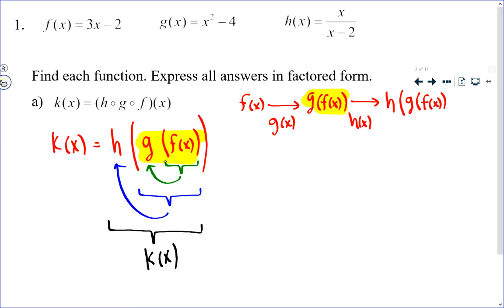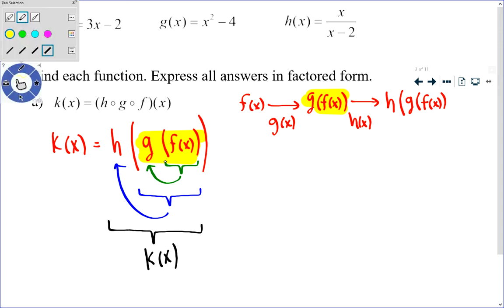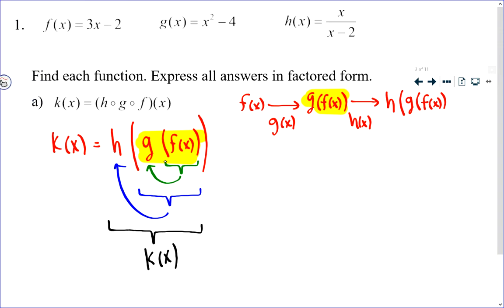So what is g of f of x? G of f of x is the result of taking f of x and putting it in for x in g, which means g of f of x will be equal to g of 3x minus 2.